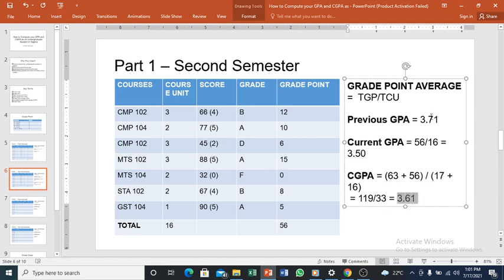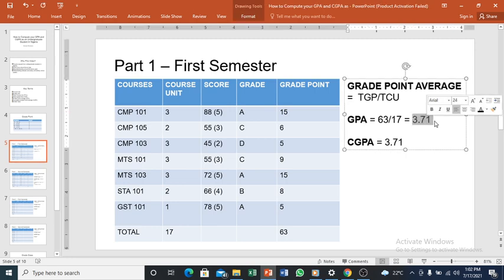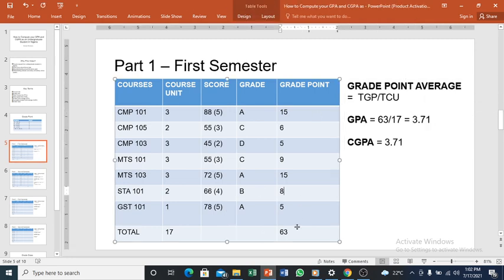Why did he reduce from 3.71 to 3.61? Because of what he had currently. If he had increased his GPA in this current semester, the CGPA would increase. So look at that again: GPA 3.71 for the first semester. How do you do it?